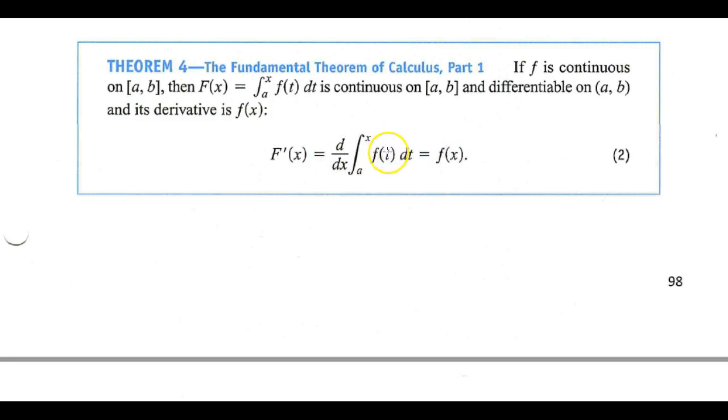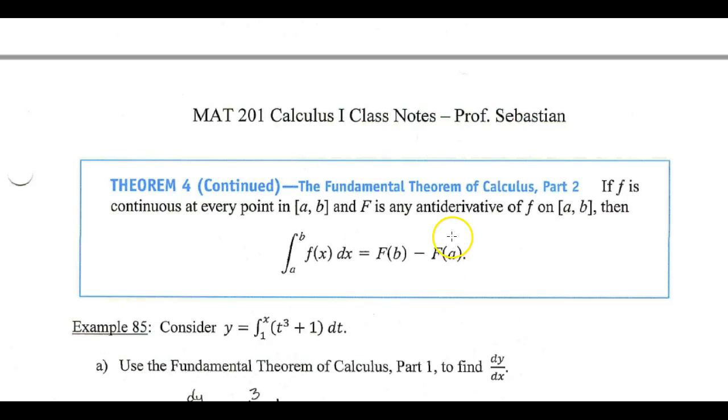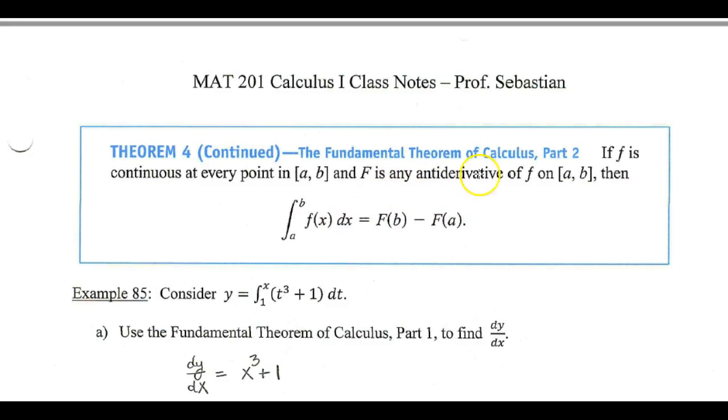In other words, if I were to evaluate this and then plug in b, this would be some function of x. So taking the derivative of an integral is taking the derivative of an antiderivative, which gets me back to the function. So that's interesting because that then makes sense to us why we have this fundamental theorem of calculus part 2, which is the way we evaluate integrals.